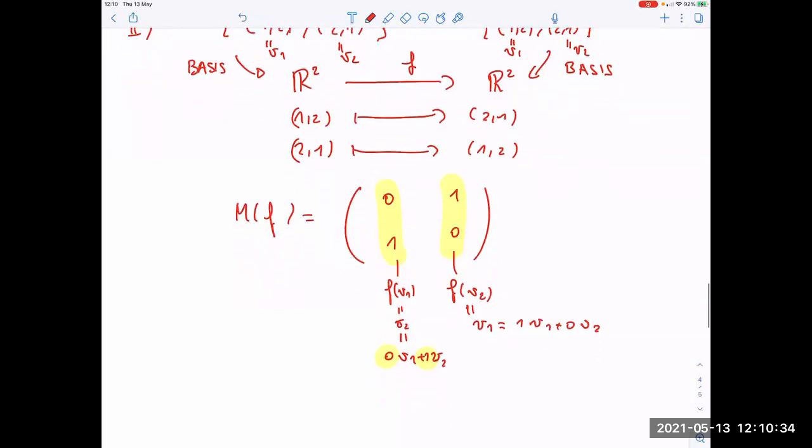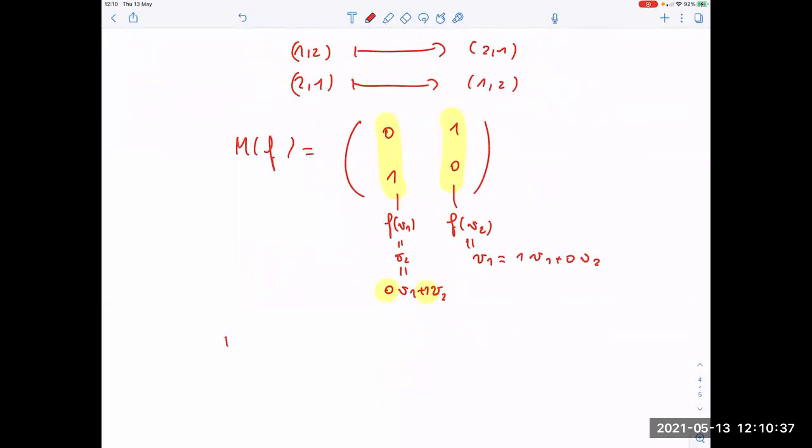And from this, we see that the dimension of the kernel of F is equal to the dimension of the kernel of the matrix, which is clearly 0 because the matrix is invertible. And in this way, you can immediately see that option A was correct, because then it is injective.